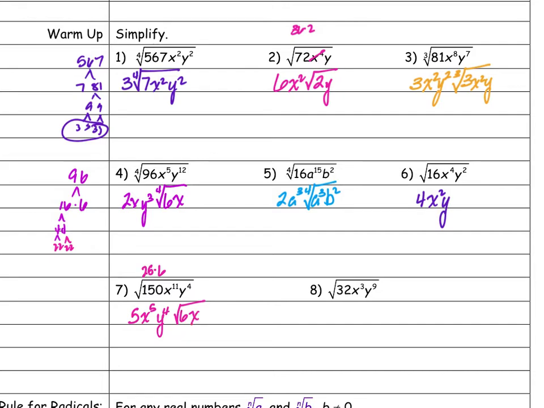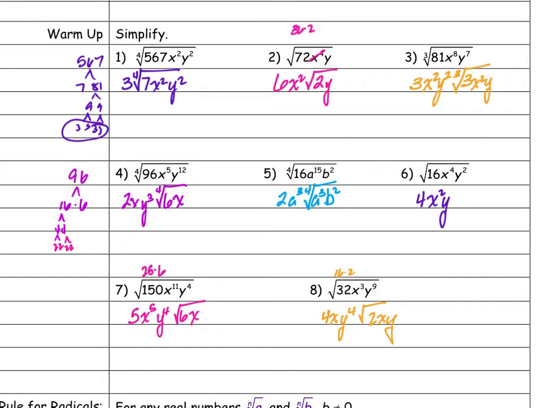And then the last one, 32, is 16 times 2. The square root of 16 is 4. 1 set of x's, 4 sets of y's. Yeah. And then the square root of 2xy. Okay. There's the answers there.